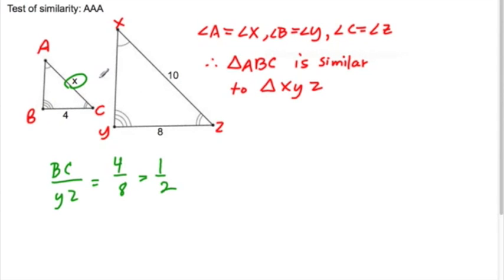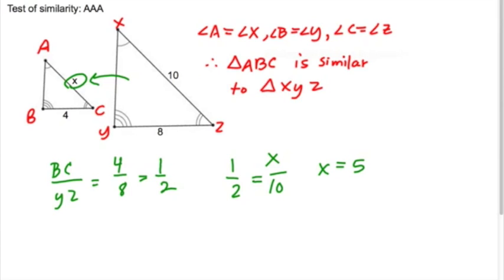So then if I'm trying to find my unknown, I'll know that 1/2 is equal to 1/10, telling me that that unknown side length is 5 units. Whatever that unit is, it's 5.